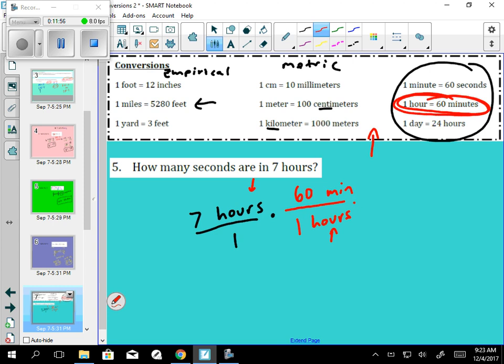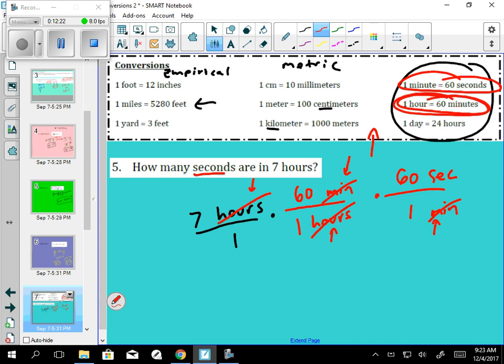So now you can cancel out hours, and now our units are in minutes. But we've got to get to seconds. So now do the next one. 1 minute equals 60 seconds. Here, minutes are on top, so we want minutes on bottom here. So 1 minute is the same as 60 seconds. Minutes now cancel out.